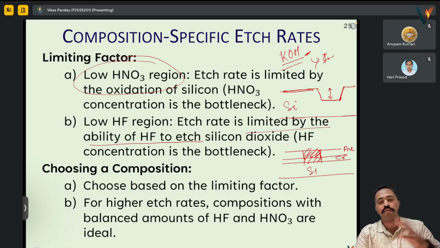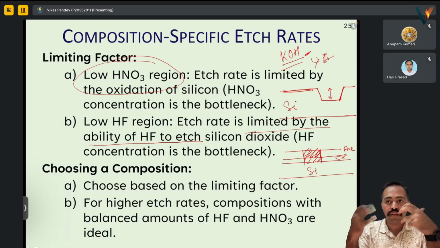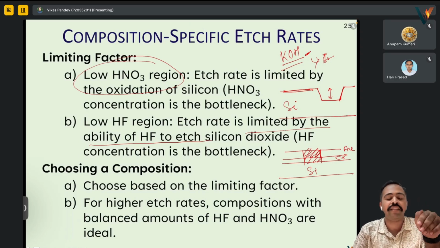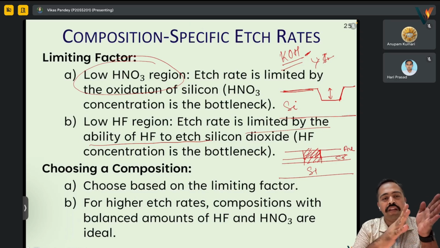So we have to choose based on the limiting factor. We cannot control all the processes, so we have to wisely take into account which process we will control. Like HF, suppose we know it is the limiting factor, so the whole process will depend upon that. So we will put HF in a lower amount, and we know that now we can control using that.